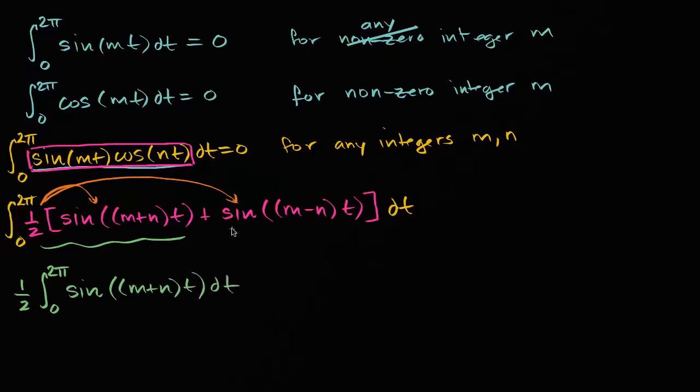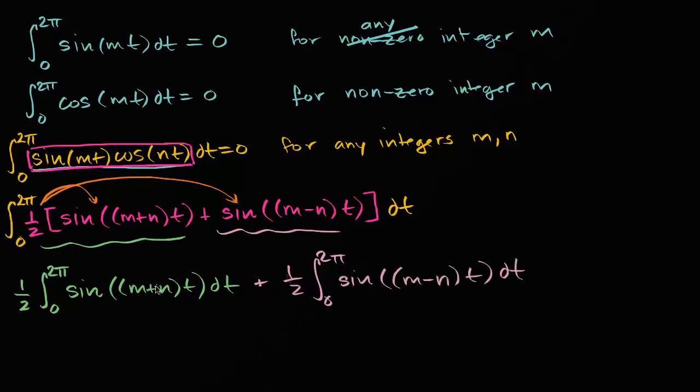And then this part, once you distribute the 1/2 and you use some integration properties, this could be plus 1/2 times the definite integral from 0 to 2 pi of sine of (m minus n)t dt.